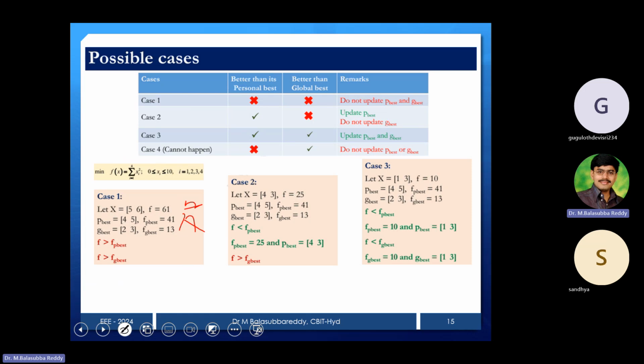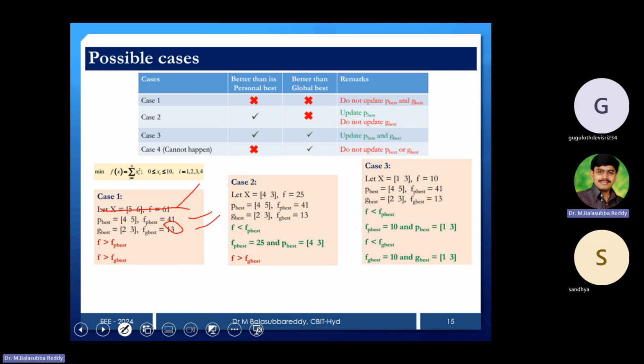We don't want to update to the B grade, so we keep the A grade itself. And it does not become the G best either, because the G best value is already 13, the minimum function value. Now we got 61, so it never becomes the G best. So we discard this solution and carry forward the P best and G best. That is the one case.